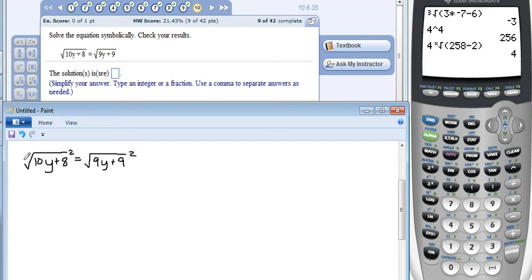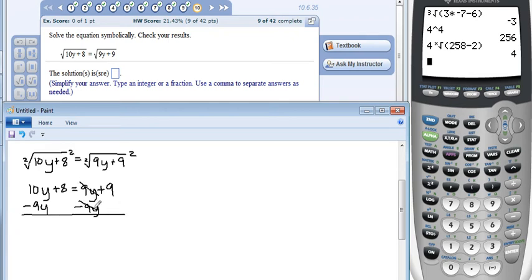It matches both of these index of 2's. So everything comes out. 10y plus 8, because the square root of a square is itself. It's a little easy, isn't it? It's a little too easy. We need to get a little more challenging here.